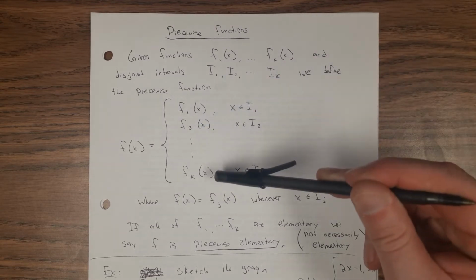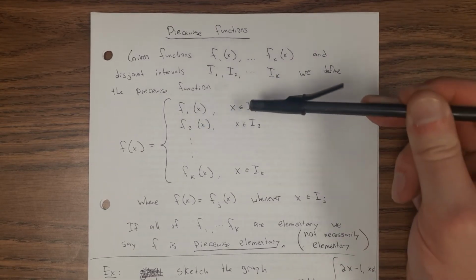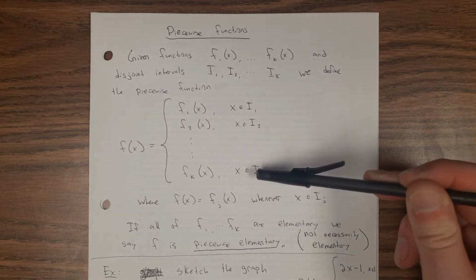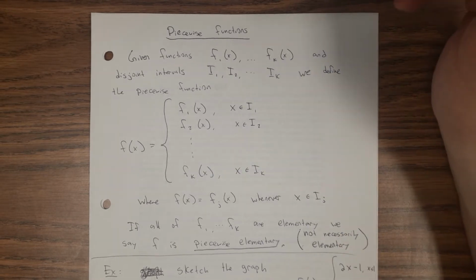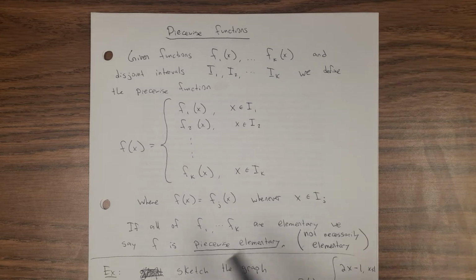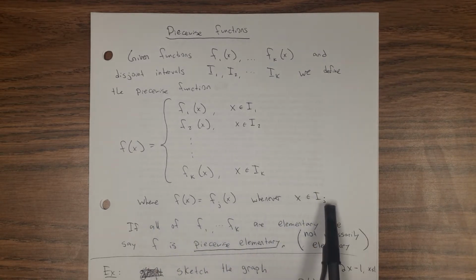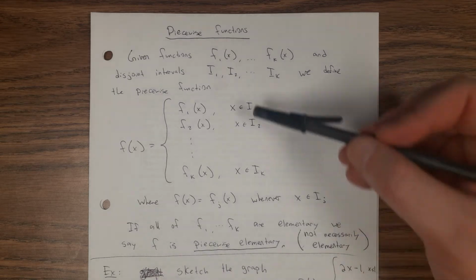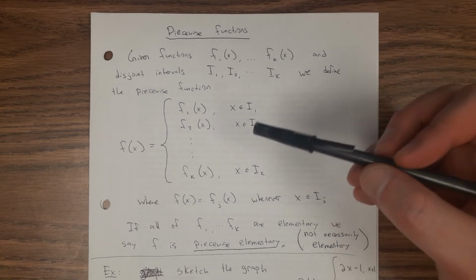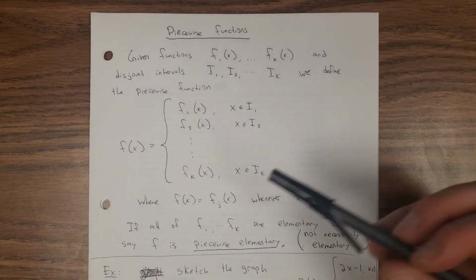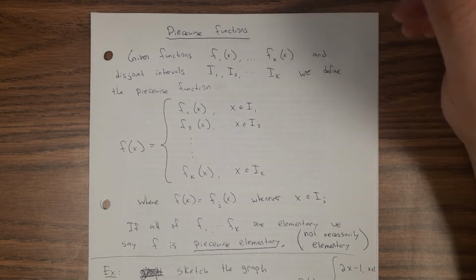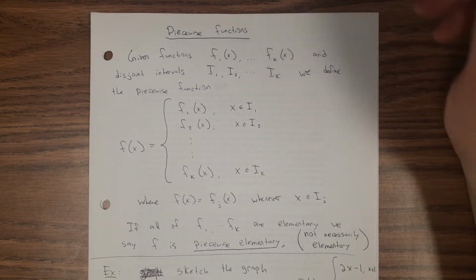And so it just lists different intervals that x can be in and which function you use if x is in that interval. And that's how you evaluate f of x. You figure out which one of these intervals x is in, and then you plug it into that function, and that's how you figure out f of x.